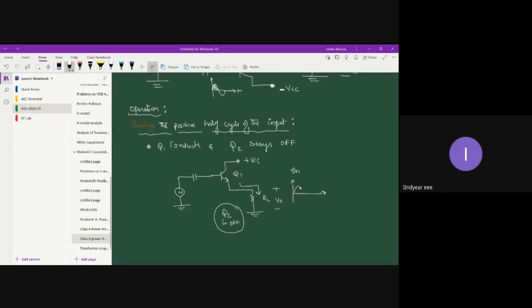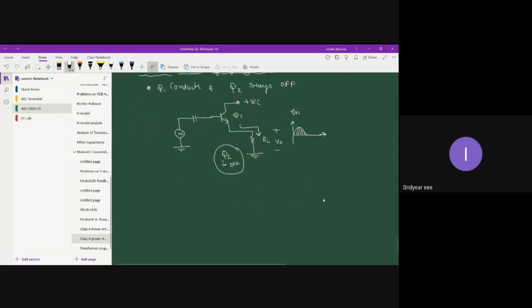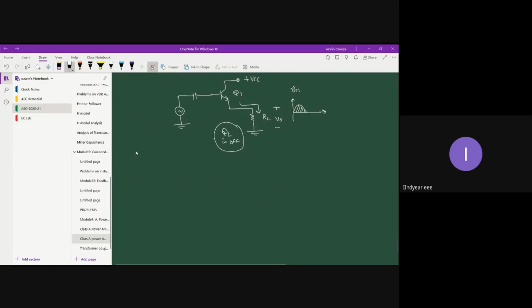Now let us consider the case of a negative half cycle. During the negative half cycle of the input.